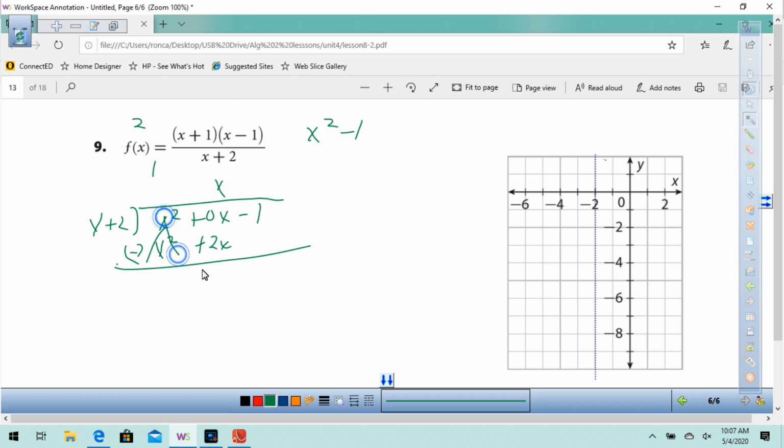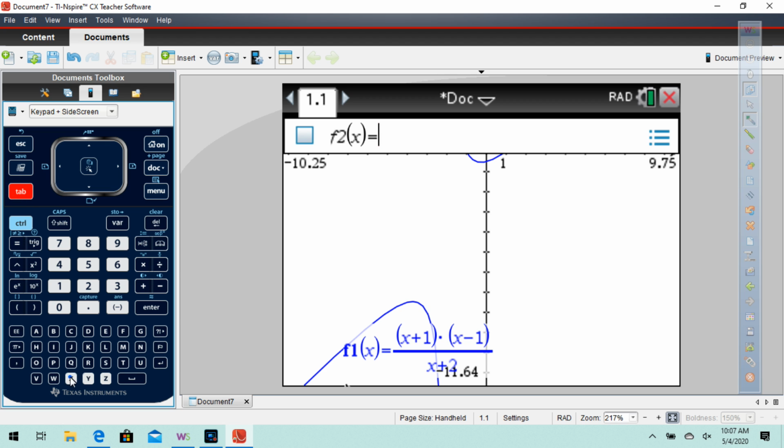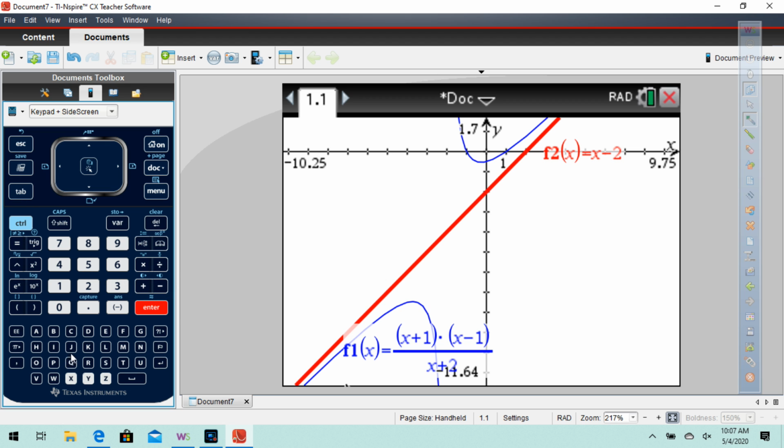Negative, it cancels out. That's negative 2x minus 1, so we're going to be minus 2. And so we've got x minus 2, tab, x minus 2, and then there you go.